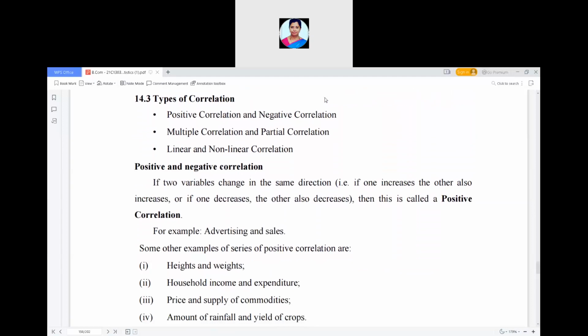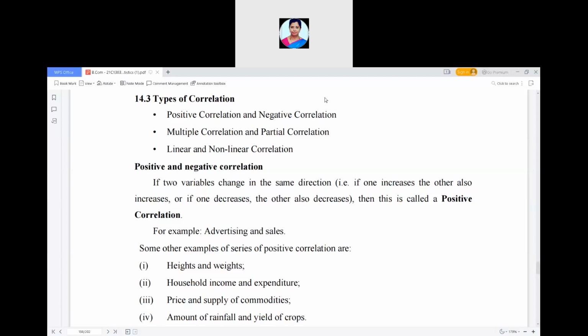If you are considering any two variables, and those two variables are changing in the same direction, that is, if one increases the other also increases, and if one is decreasing the other decreases, then it is called positive correlation.